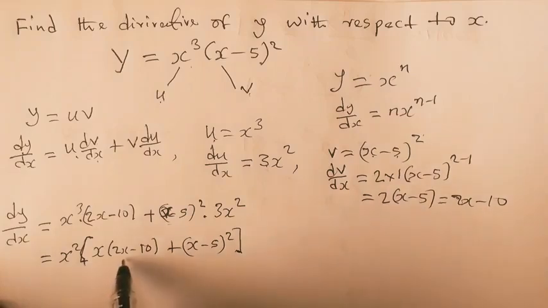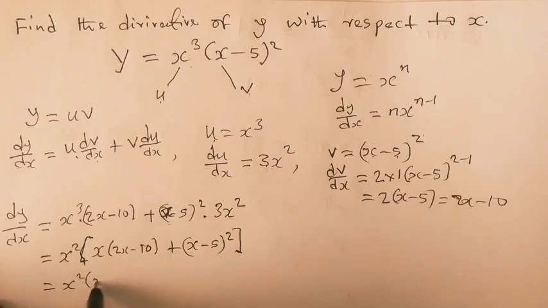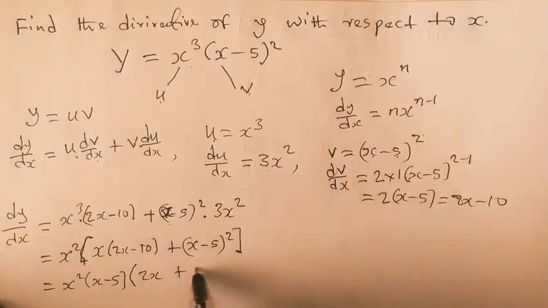Checking this one here too, we have x minus 5 here, so we can factor this out to have x squared, bracket x minus 5, then in bracket we will have 2x remaining here, plus x minus 5.